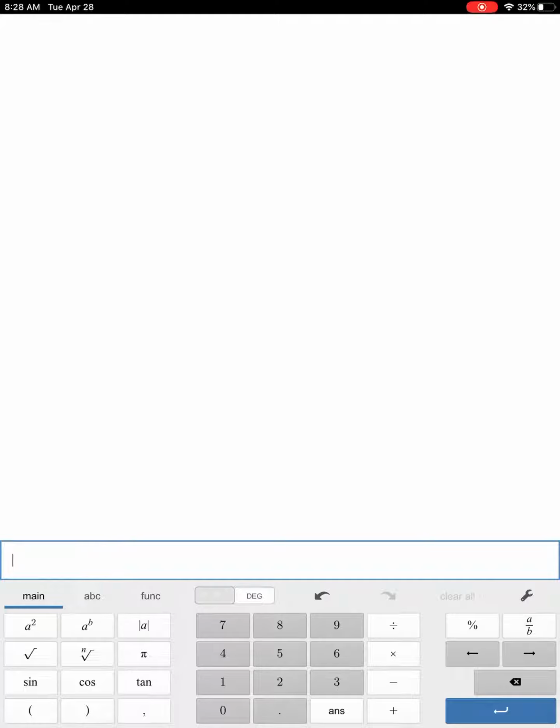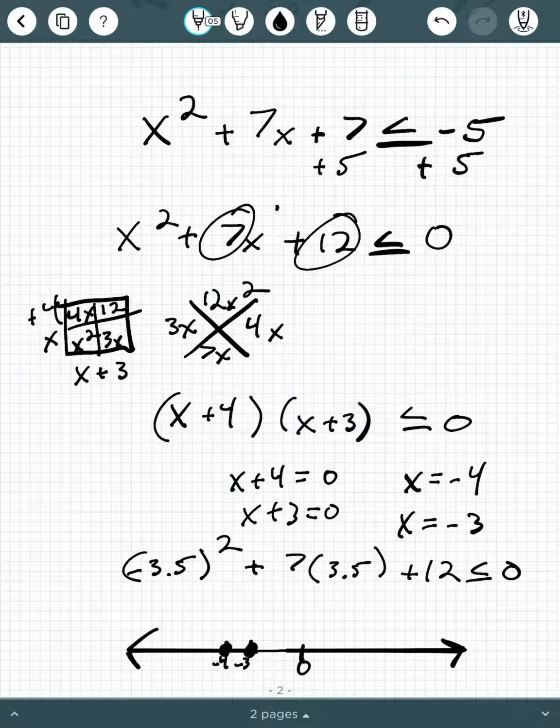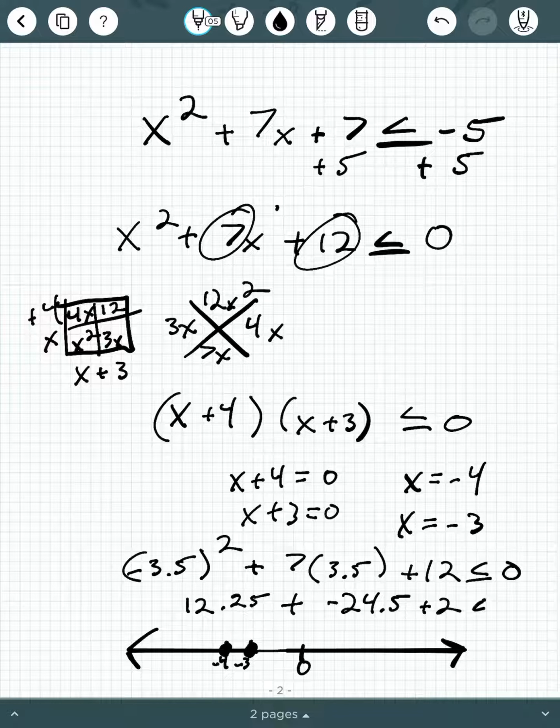And then also we need 7 multiplied by -3.5, which is -24.5. So if we go back and fill those in, we had 12.25 plus -24.5 plus 12 is less than or equal to 0. When we add all that up, we end up seeing that -0.25 is less than or equal to 0, which is true, meaning we shade in between -4 and -3.